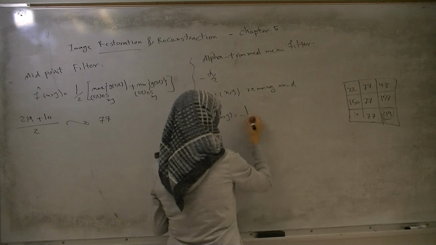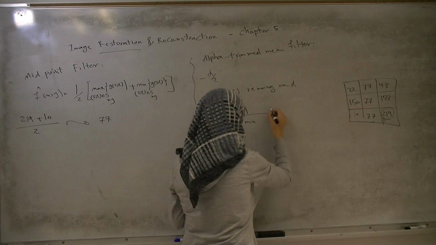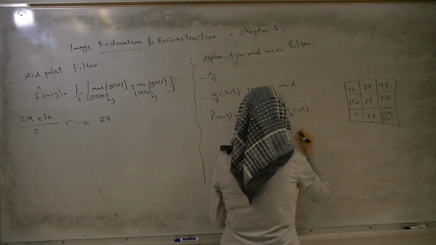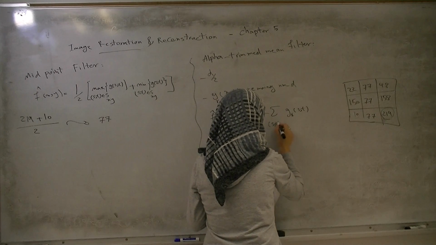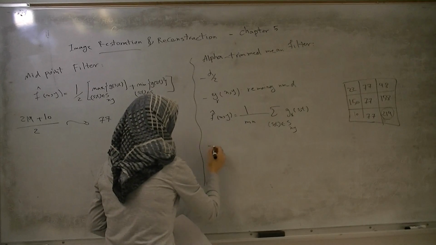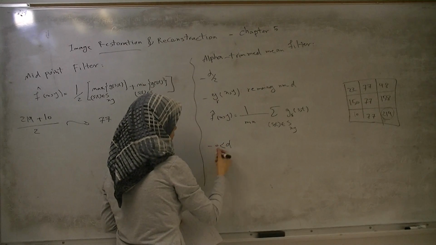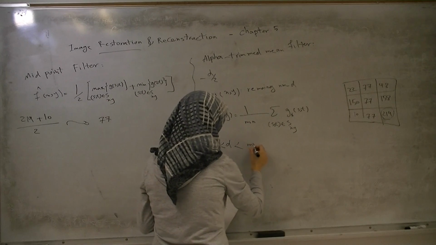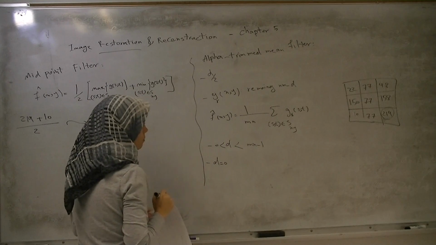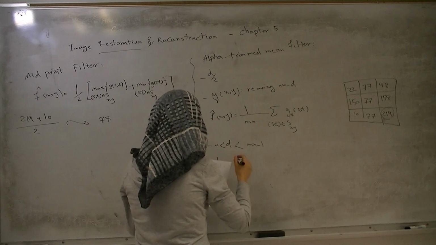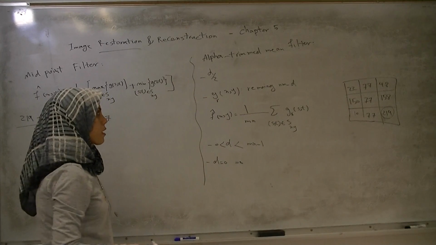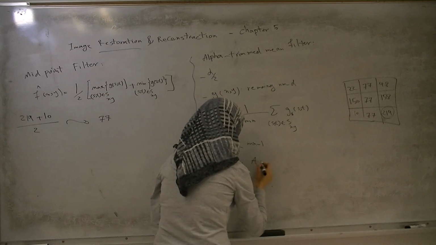And always the d is between 0 and n minus 1. If d is equal to 0, you can see that the alpha-trimmed mean filter becomes the arithmetic mean filter.